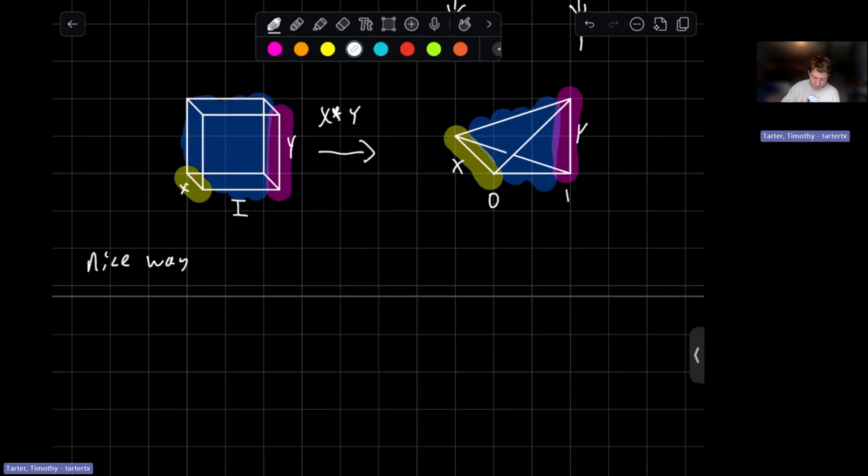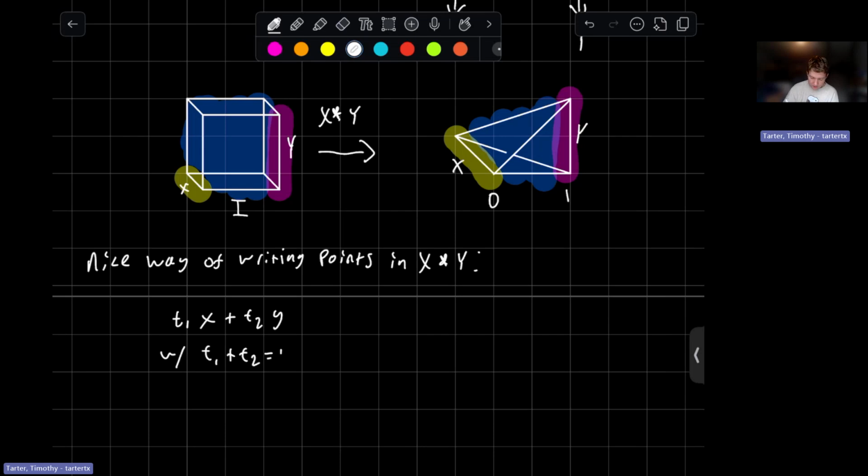Points in X join Y are t1 x plus t2 y, with t1 plus t2 equal to 1, and 0 less than or equal to ti less than or equal to 1.